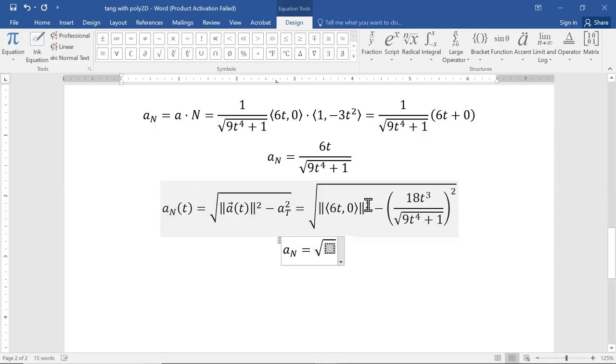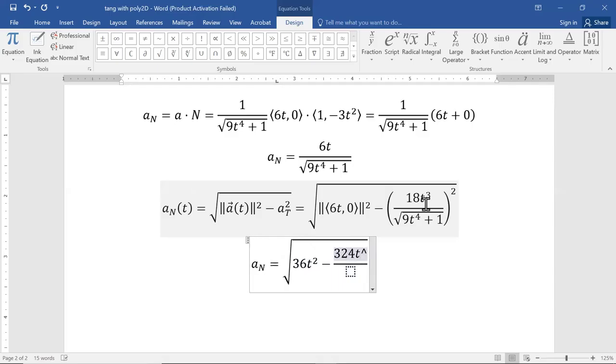So I'm going to end up with 36t squared minus, if you take 18 times 18, I'm squaring the numerator here, I end up with 324t to the 6th power divided by 9t to the 4th plus 1.